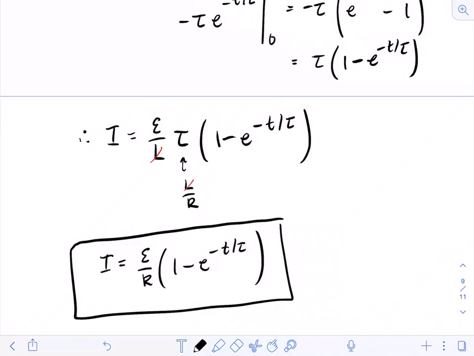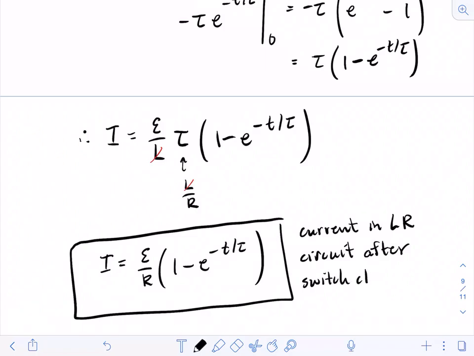So this is the current in the LR circuit after the switch is closed at t equals 0.